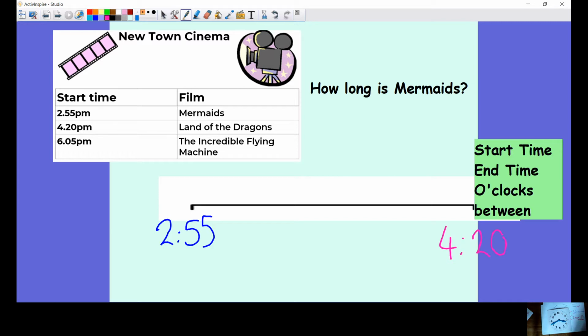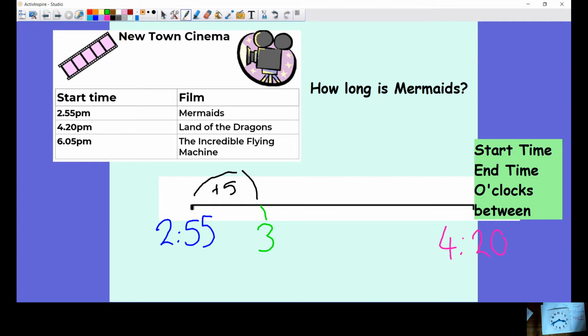So first step is writing down those o'clocks. So 2:55, that's 5 to 3. So that's our next o'clock. So I'm going to just write, that's a 5-minute jump, isn't it? Absolutely. Then we're going to go to our next o'clock.